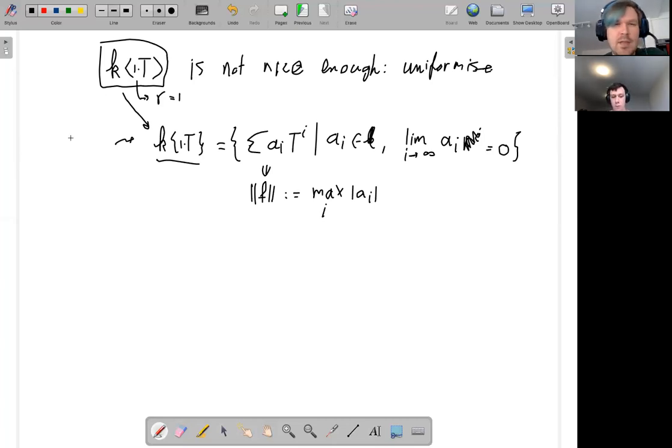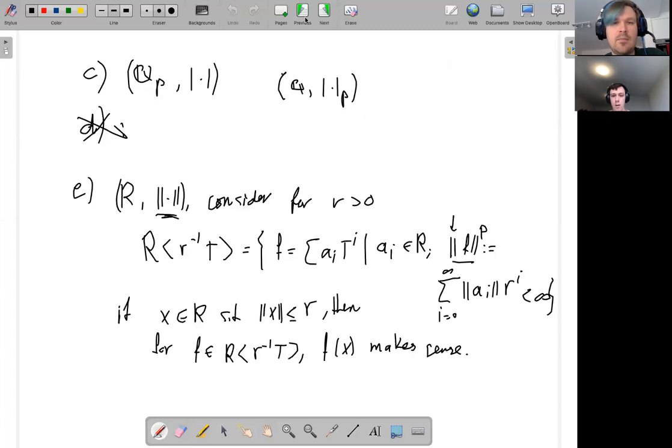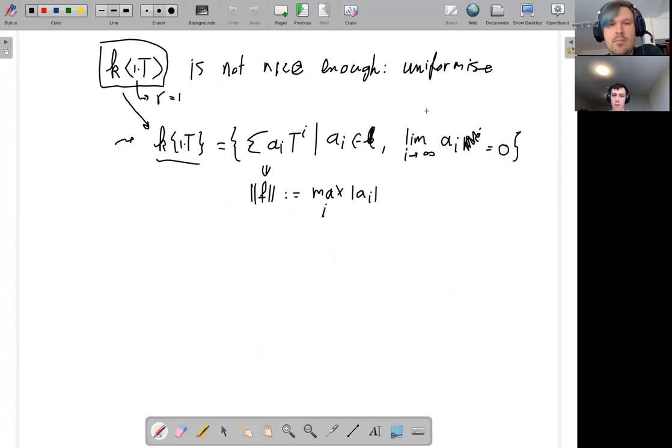So what was the ring with angle brackets? What was the difference? In angle brackets, you also have formal power series, but the definition is different. Here the sum of the absolute values has to be finite, while here the limit has to be 0.